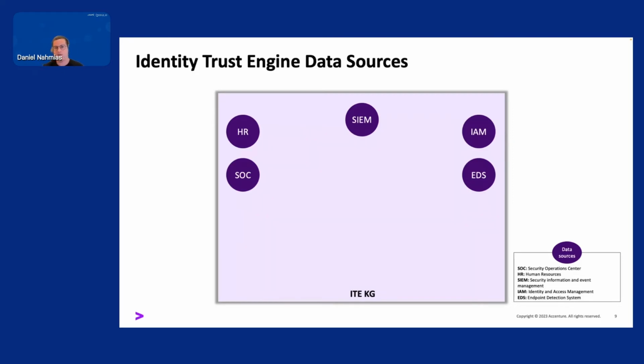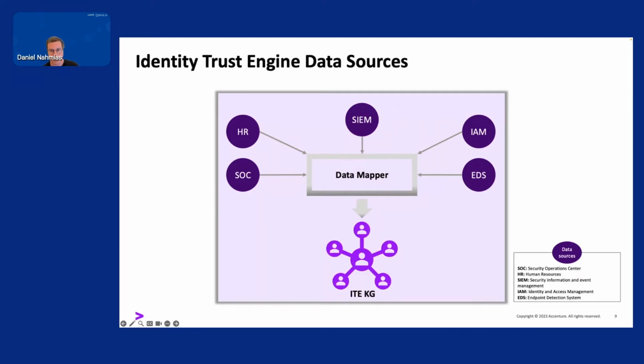And identity access management systems offer insight into the identity's access permissions for corporate resources. By creating a mapper that consolidates and associates each data point with its corresponding identity, we can establish a knowledge graph that effectively constructs a digital twin of the digital identities within the organization's digital ecosystem.